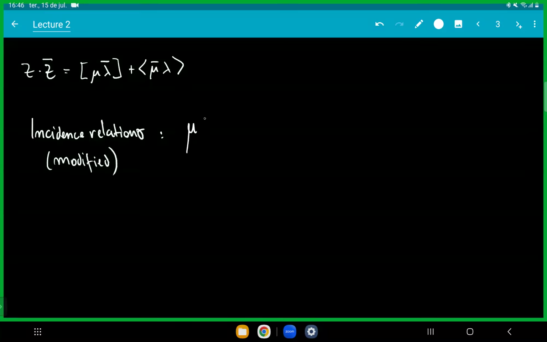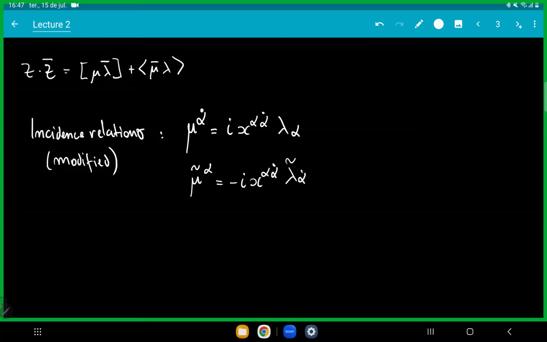So I'm just writing mu equals i x alpha dot alpha lambda alpha, and the same thing for the dual space, which is just minus i x alpha dot alpha lambda tilde alpha dot.